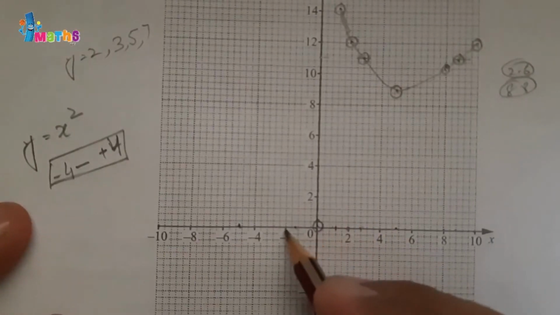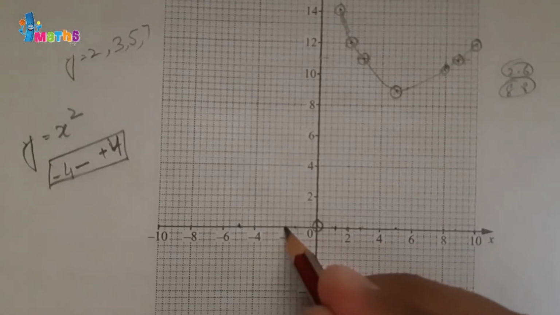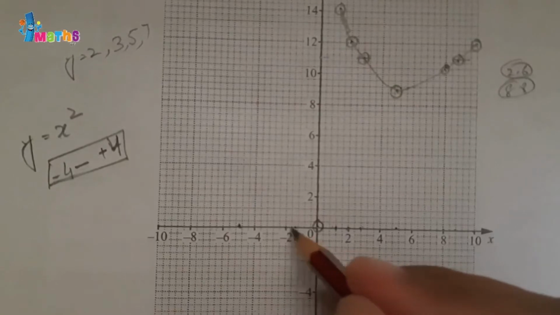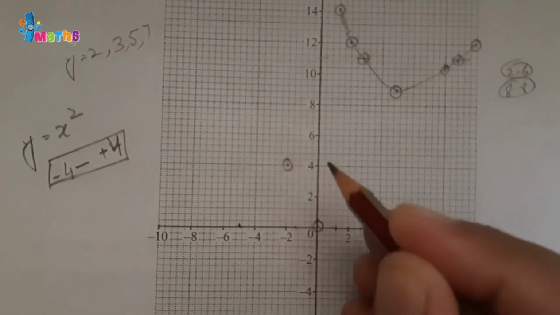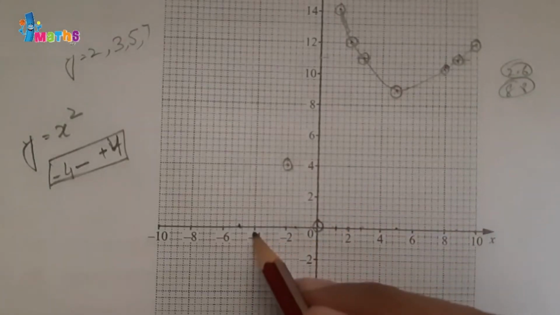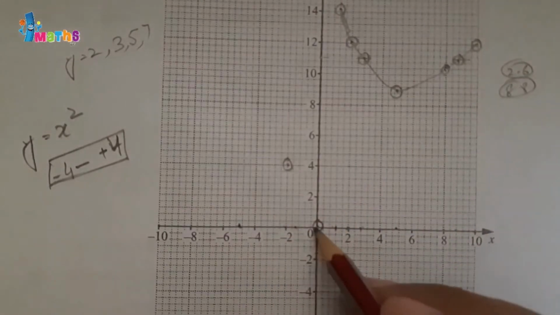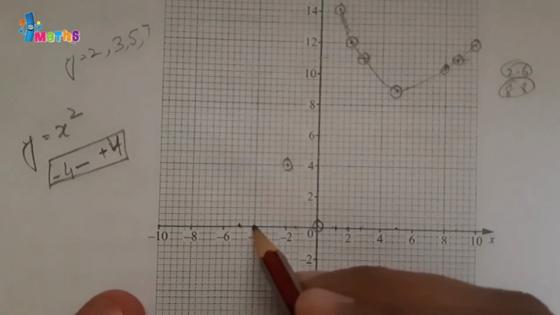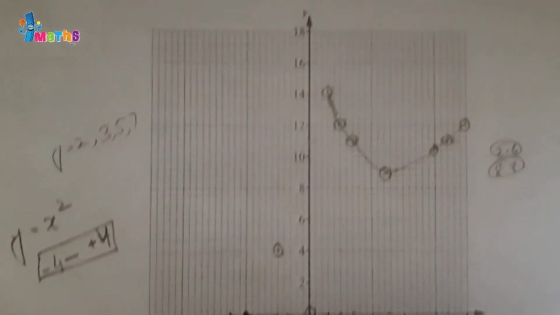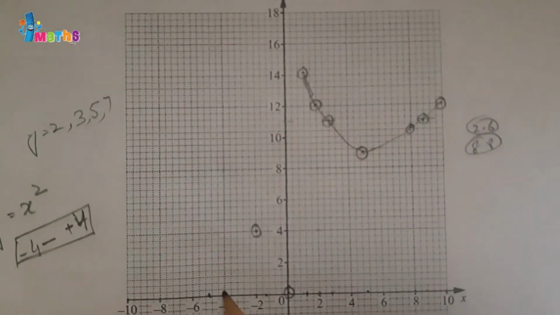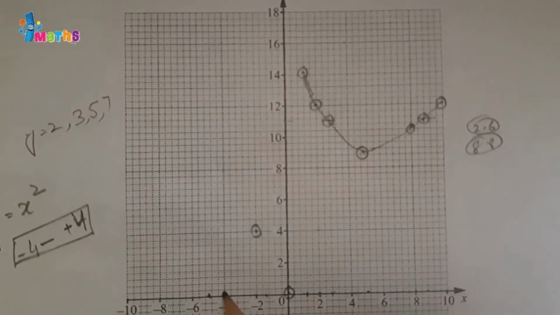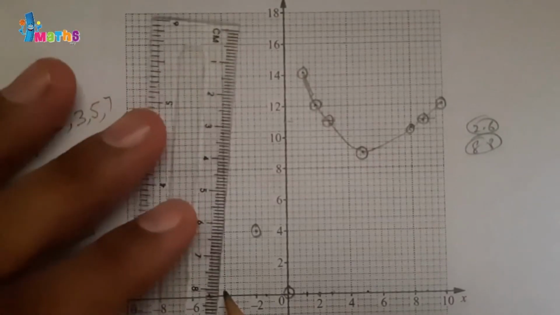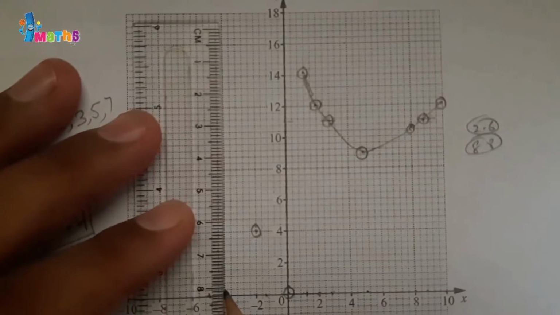If we take x is equal to minus 2, so square of minus 2 will be 4, so it will be minus 2 and 4, so our point will be this one. So we can circle this point. The other value we can take, for example minus 4, will be 16, so minus 4 and 16 will be this value, which we can trace from here.